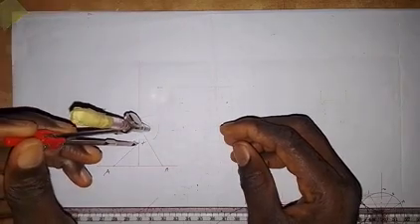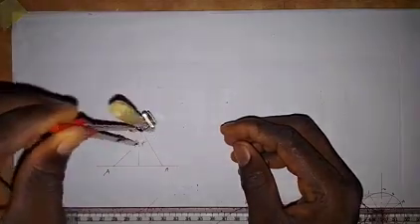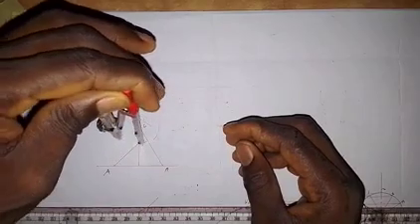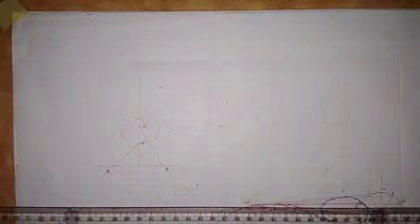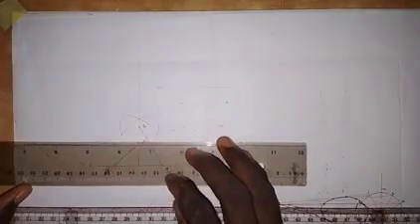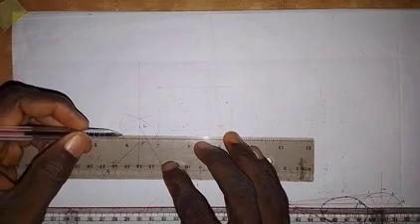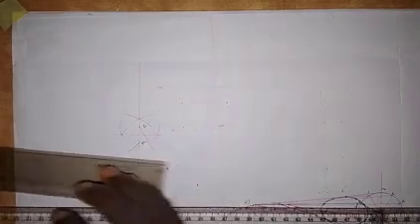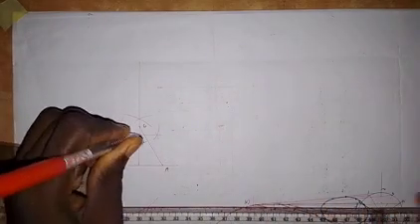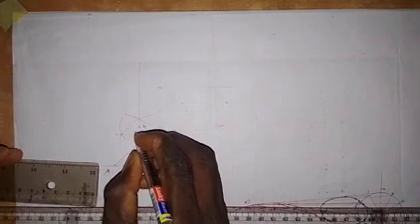Putting the point at 4, I will also draw arcs here. To get point 5, all I need to do is join the points of intersection of these arcs together, like this. So this point here is point 5. Take note of that.